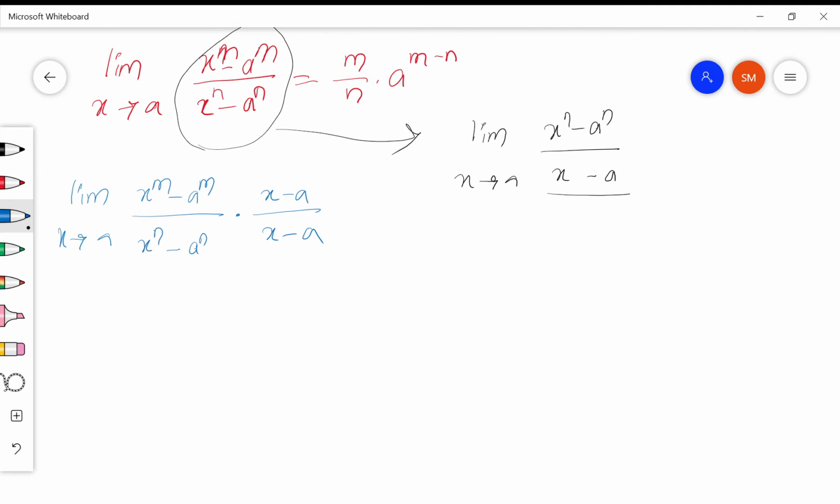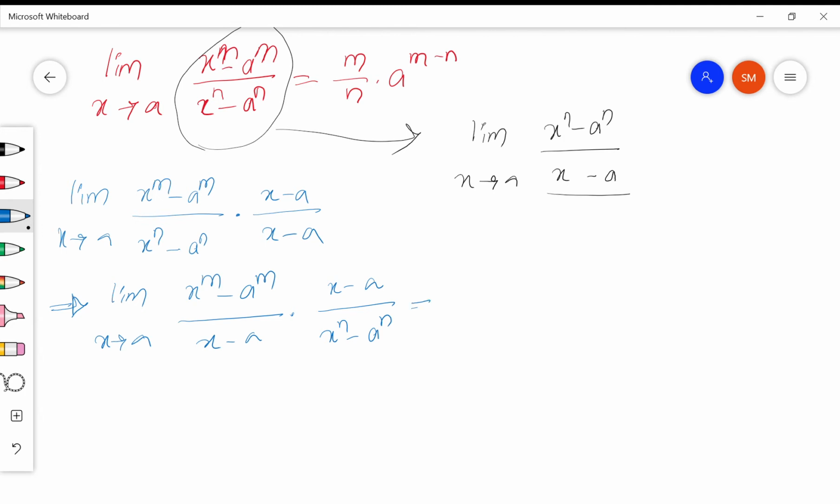Here I can rewrite this into limit x tends to a, x power m minus a power m divided by x minus a into x minus a by x power n minus a power n, right? So this is in reciprocal form.